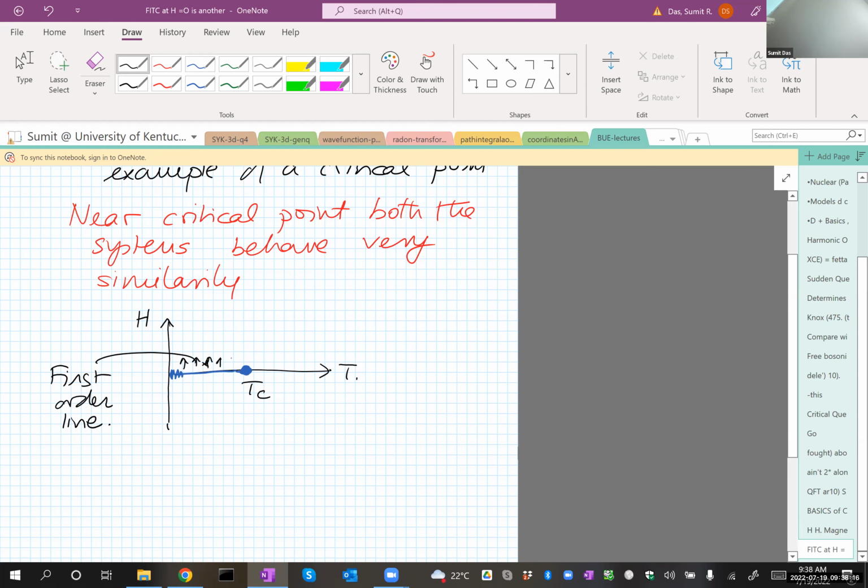So the idea is that the system is described by a potential like this. The potential is a power series expansion in the magnetization with coefficients which depend on temperature. So how do I find the minimum of this?